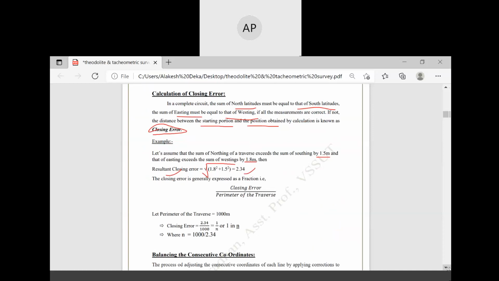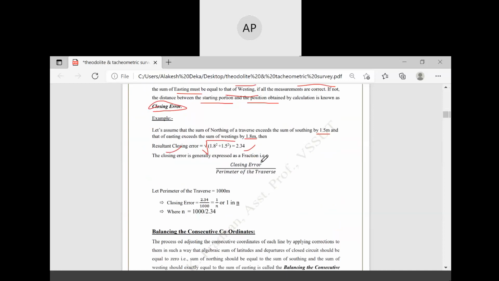The closing error is generally expressed as a fraction: closing error divided by perimeter of the traverse. Let the perimeter of the traverse be 1000 meter. So the closing error will be 2.34 divided by 1000. Okay.